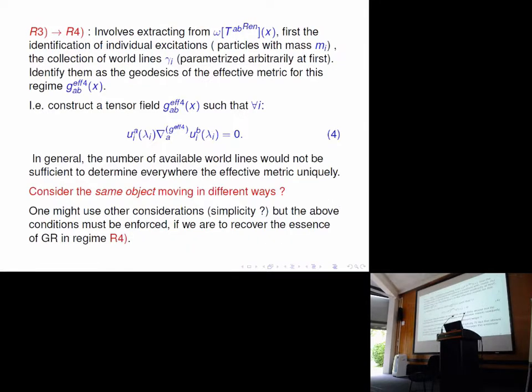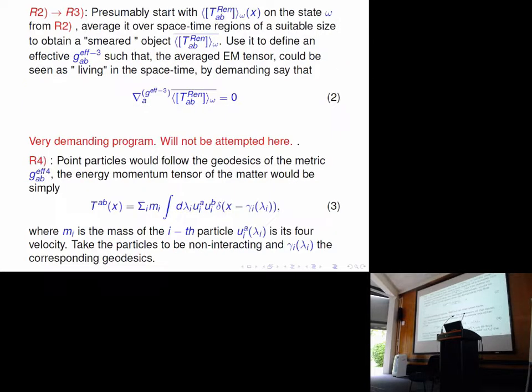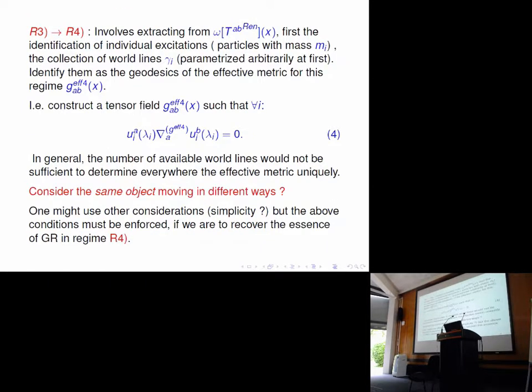If we try to obtain that regime 4 from regime 3, what we would have to do is take the expectation value of the energy momentum tensor of regime 3 and identify the individual excitations. By that I mean, let's find the regions where the energy momentum tensor has support.